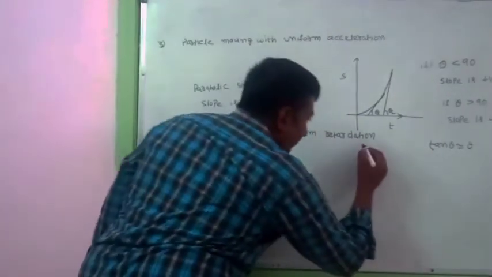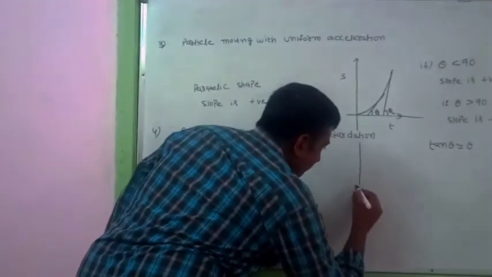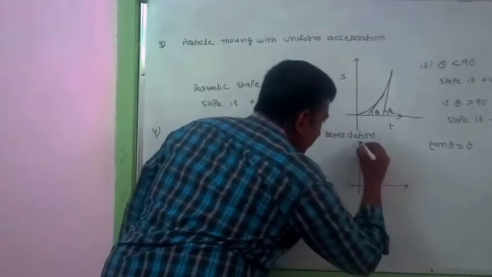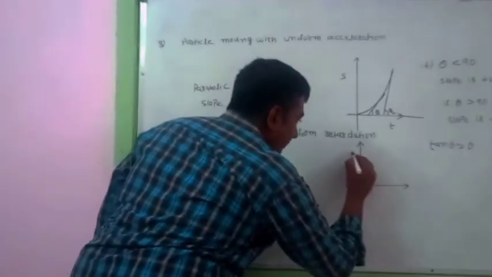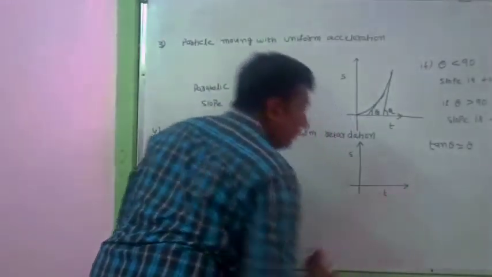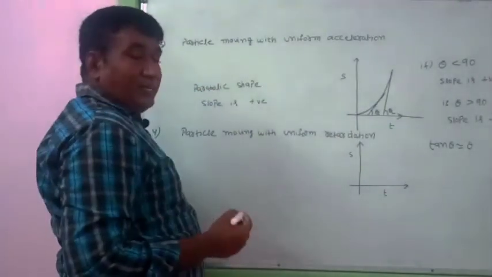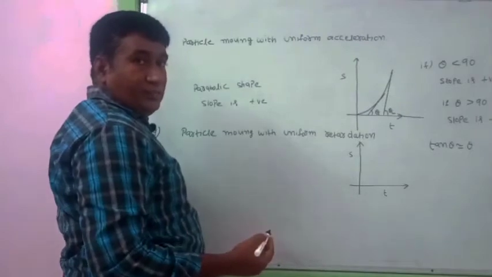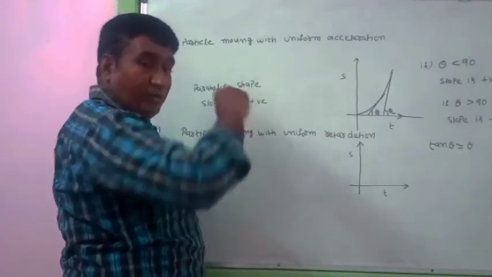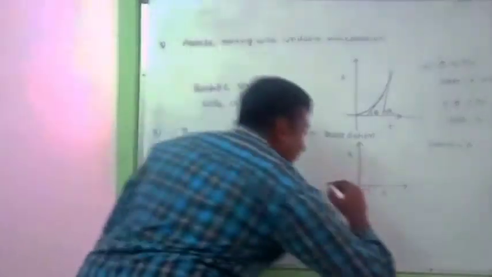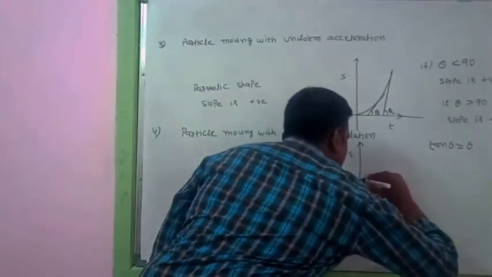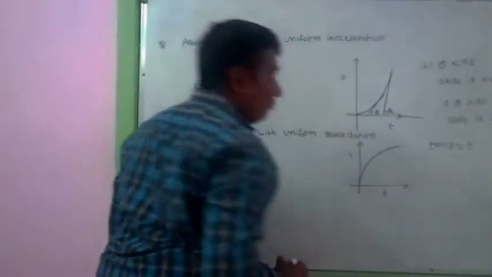In such a case, it will be the same, S and then T. Whenever acceleration goes on decreasing, at one particular point velocity will remain the same. That means it can move like this and then it will move like this.